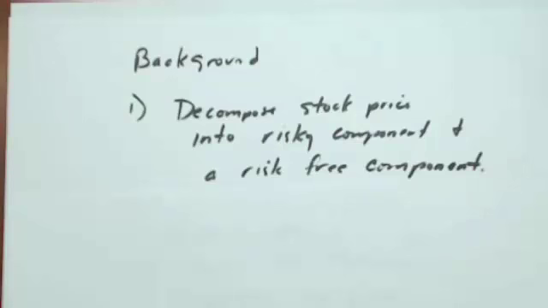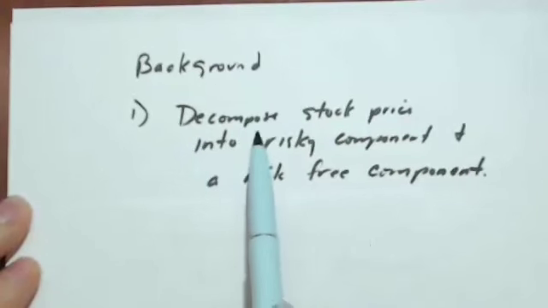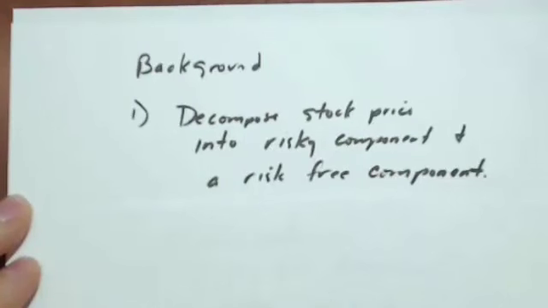So some preliminary background on valuing American options using the binomial is a couple of things. The first thing we want to do is decompose the stock price into its risky component and a risk-free component. The risk-free component will be the dividend. We are going to assume that no matter what, the dividend will get paid.